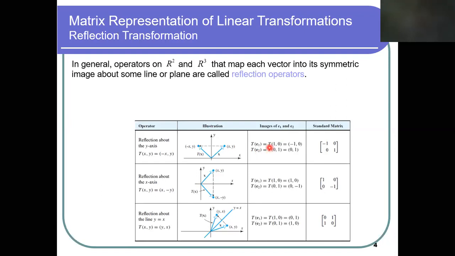If you put e1 and e2 in the standard definition of reflection about the y-axis, you get the outputs (minus 1, 0) and (0, 1). If you place these outputs in a 2 by 2 matrix, the matrix corresponding to reflection about the y-axis will be this one. Now look over here: reflection about the x-axis.